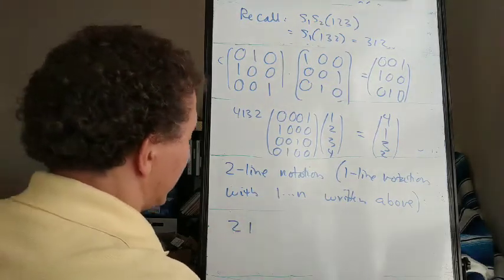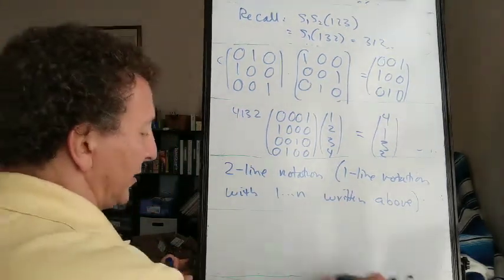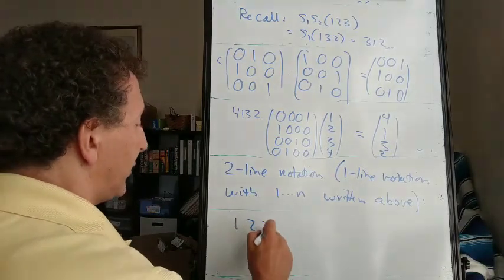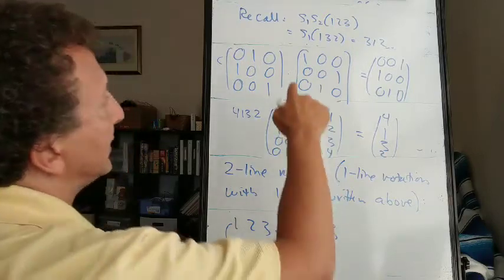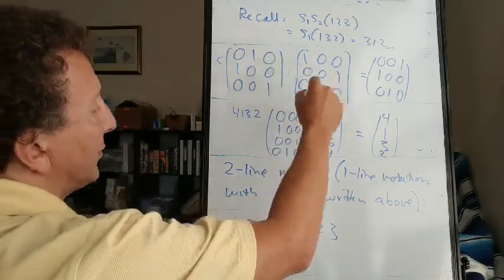The top word is always 1, 2, 3 in order. So 1, 2, 3 over 2, 1, 3 times 1, 2, 3 over 1, 3, 2.